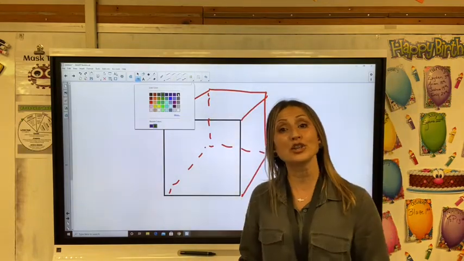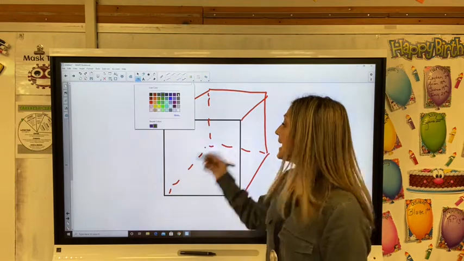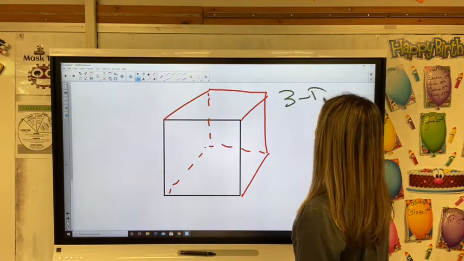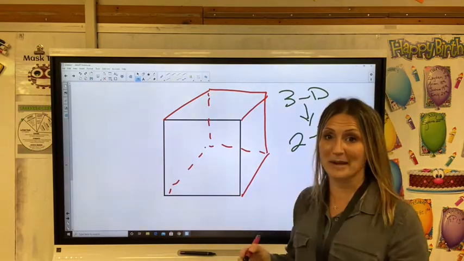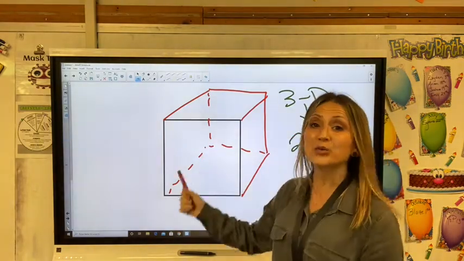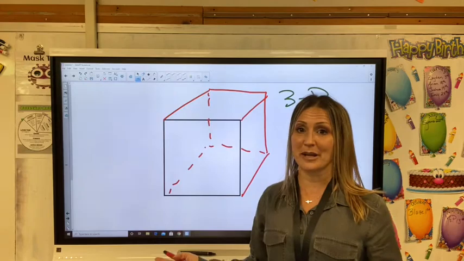And what we can use is what is called a net. It simply means take a three-dimensional figure and break it down into its two dimensions. So I just want to unfold that three-dimensional figure.